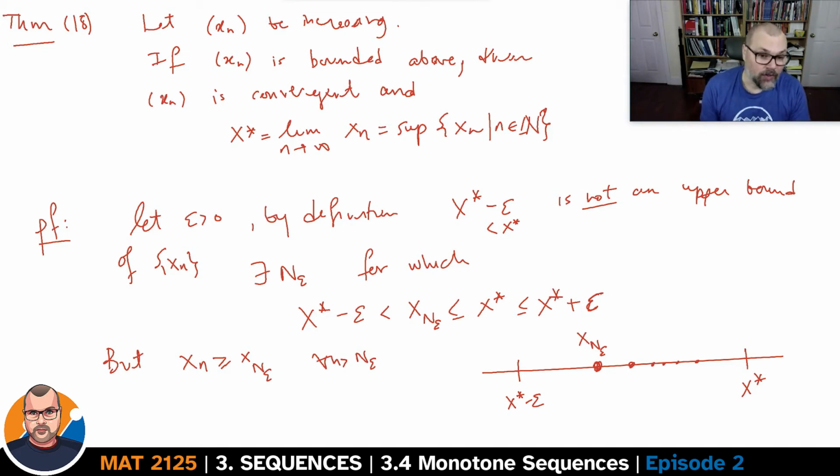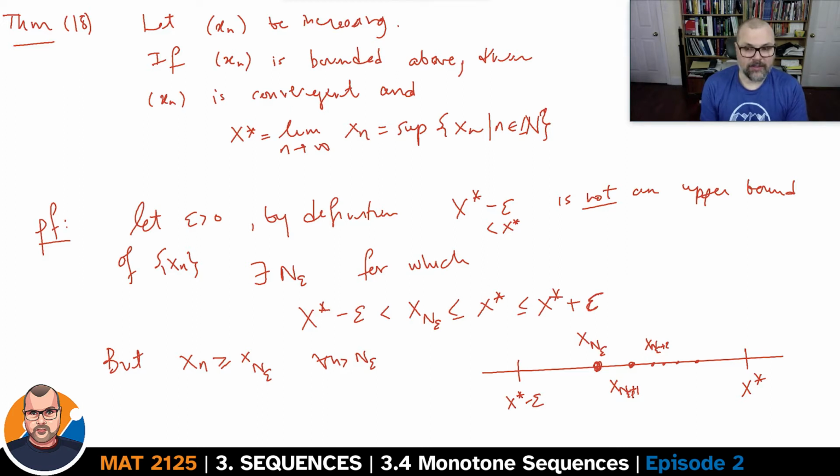In fact, we know a little bit more here, that sequentially they get larger. But we don't care about the sequence part here. We only care about the fact that they all have to be greater than x n epsilon whenever n is greater than n epsilon.